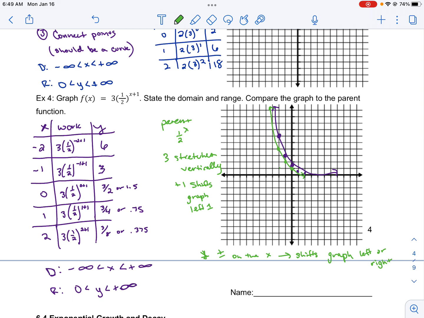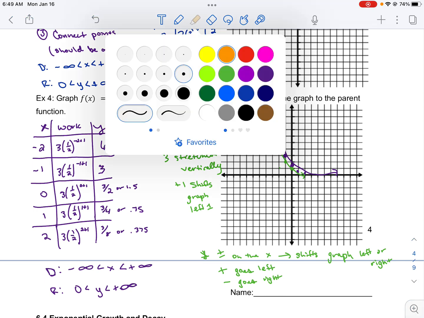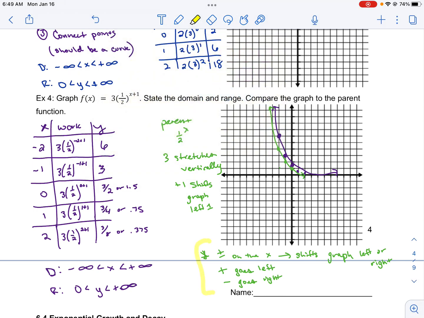Now you're going to ask me, how do you know the difference? Positive goes left, negative goes right. I would like you to put that down on your frame.